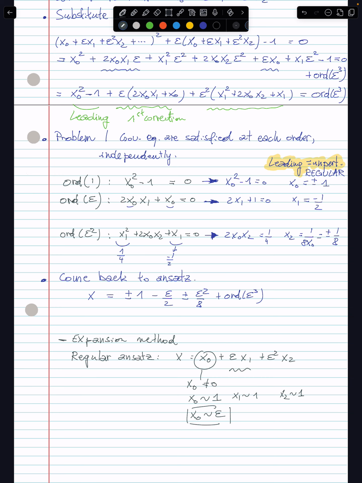All right? So this is strictly prohibited. Otherwise, we break the asymptoticness of the sequence.